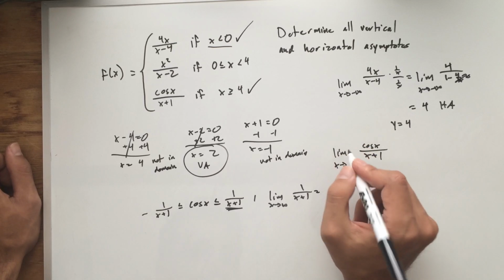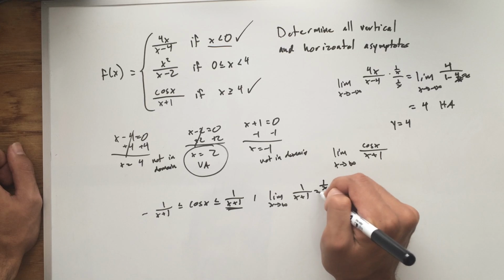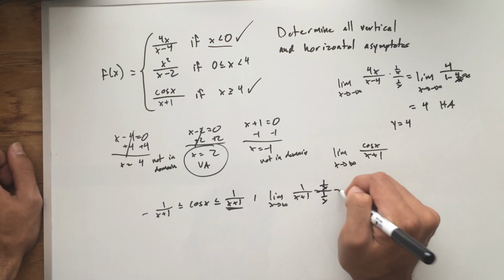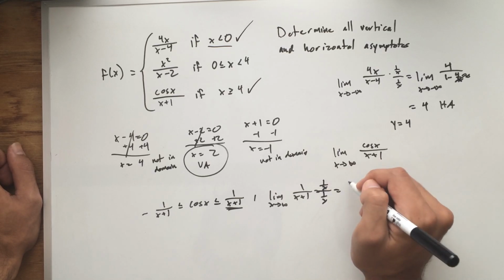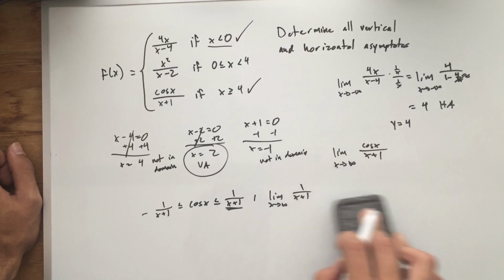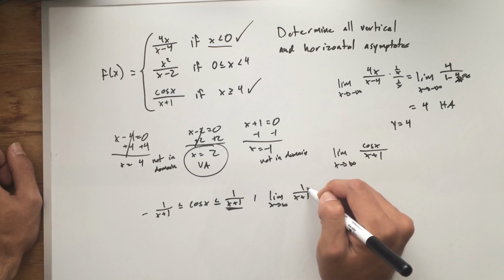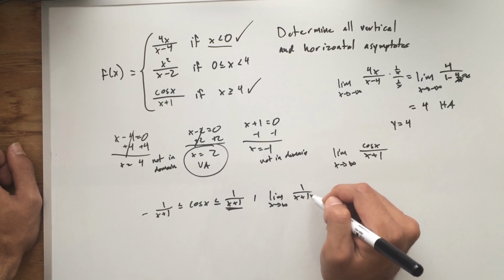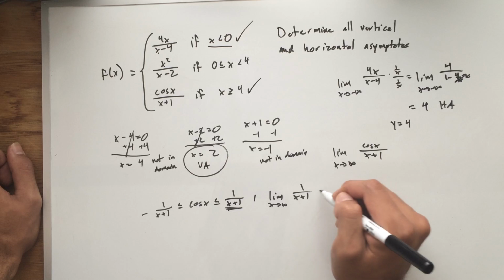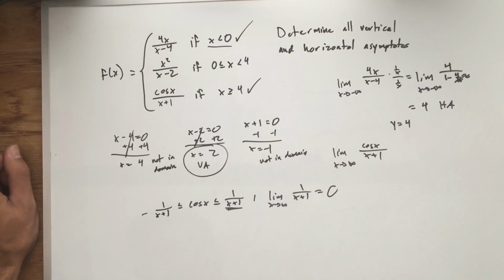Here, if you do the same thing as before, by multiplying by 1 over x, you'll have, or you don't have to do that for this one actually. So as the denominator goes further and further out, you're going to get smaller and smaller values, so it's going to be closer to 0.